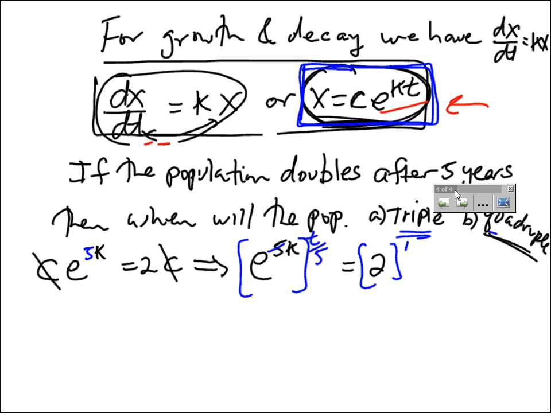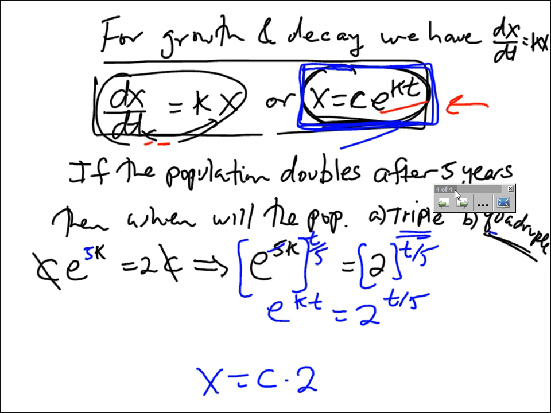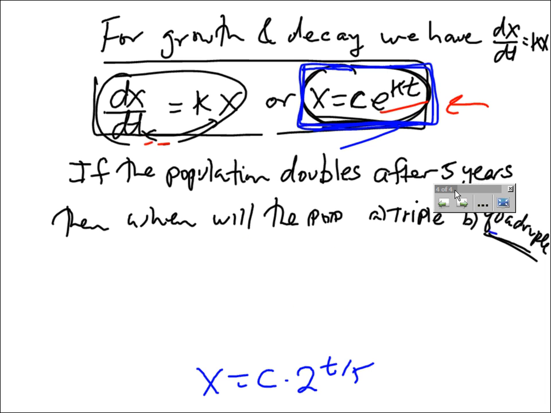If I raise it to the t over 5, now I have e to the kt is 2 to the t over 5. So updating this, x is equal to c times 2 to the t over 5. Okay. And the initial population is c. So I want to know when the population, which is c times 2 to the t over 5, will quadruple. Becomes 4 times c. The c's cancel.